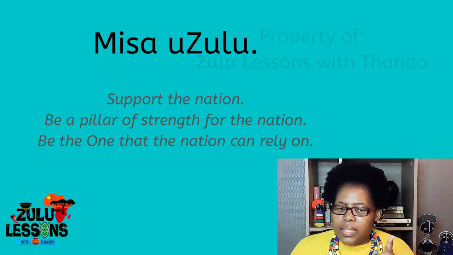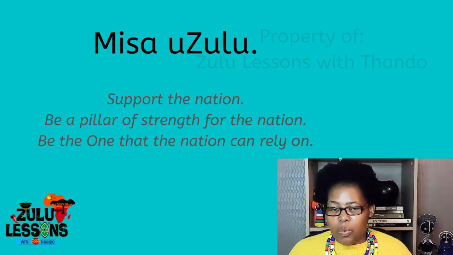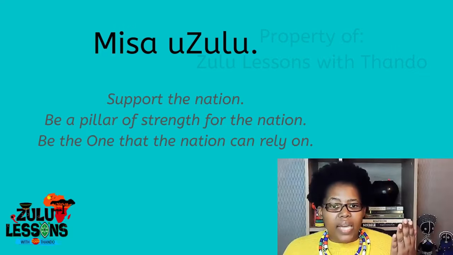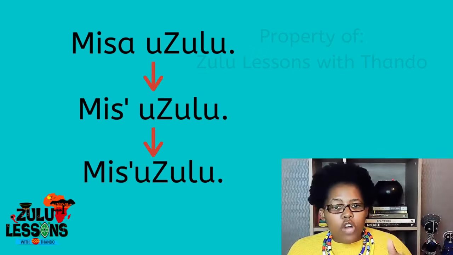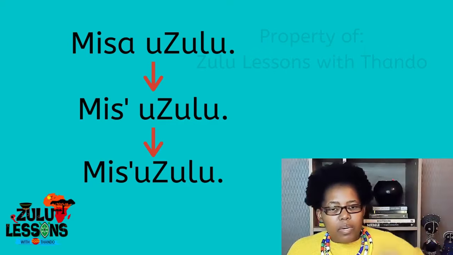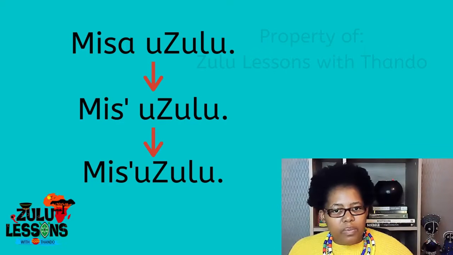Do you see the verb itself ends with an a vowel, and the noun is starting with a vowel. Very common thing we do in isiZulu. When one word ends with a vowel and the next one starts with a vowel, we drop the last vowel from the first word. So now we will just simply replace it with an apostrophe.